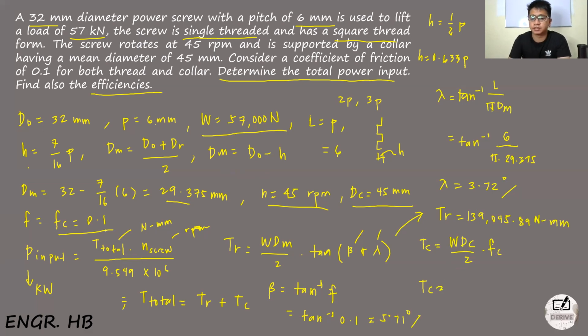And we have this 128,250 Newton mm. So ayun guys, pwede nating makuha yung total power input kasi meron tayong T total which is equivalent to TR plus TC.